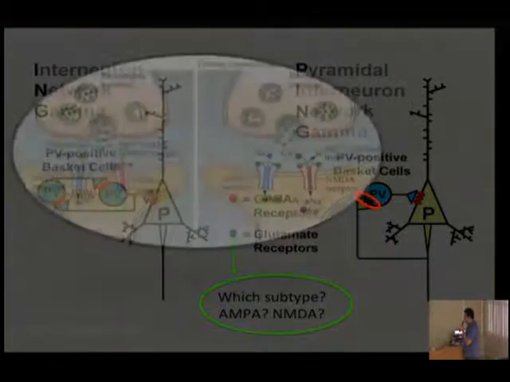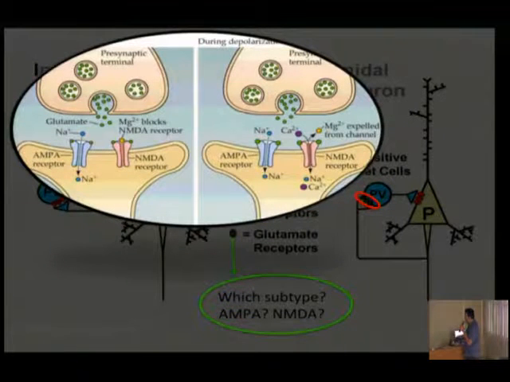So it's important to bear in mind the difference between AMPA and NMDA receptors. At the resting potential of the membrane, AMPA receptors can be activated by glutamate, but NMDA receptors are blocked with magnesium. So it means that when PV neurons receive glutamate inputs from other neurons, the first receptor that's going to be activated is the AMPA receptor, okay?